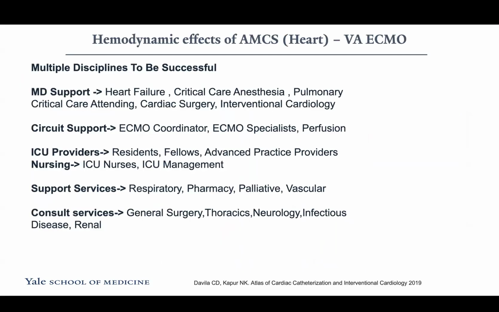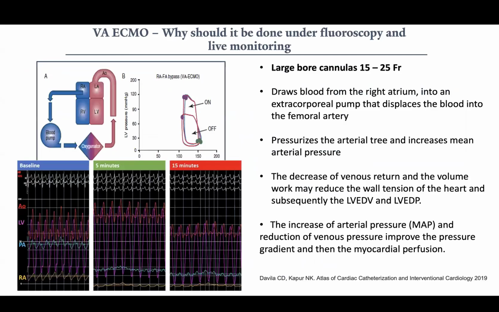It's very important to have a multidisciplinary approach for these devices. These are all the providers that should have some sort of interest in this type of MCS, and then some support in terms of ICU and, of course, nursing.